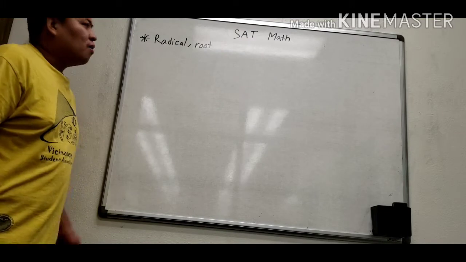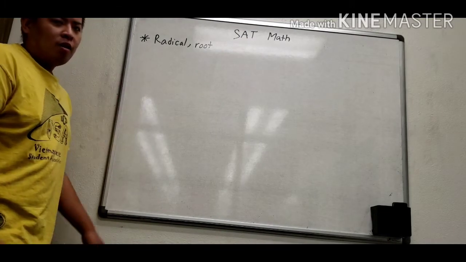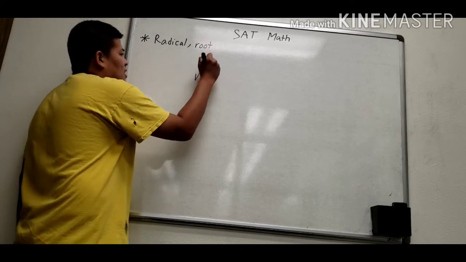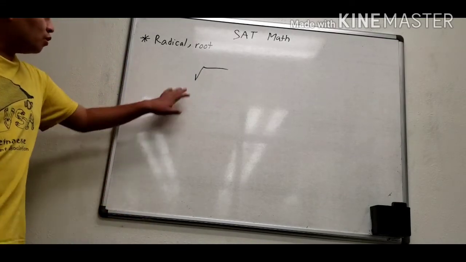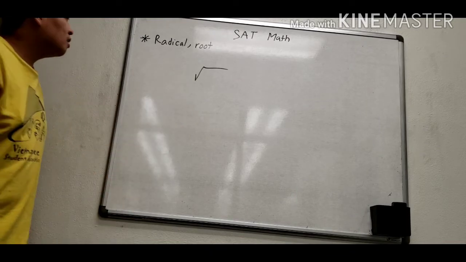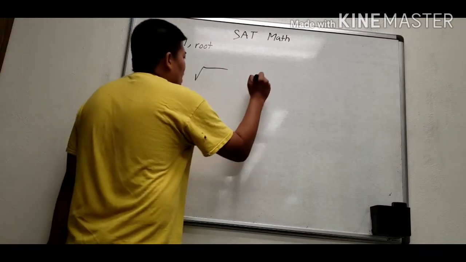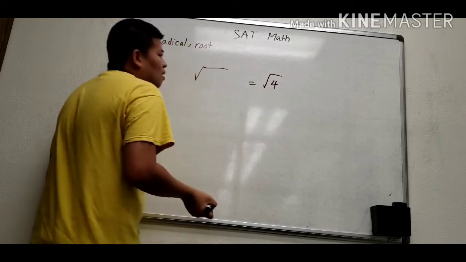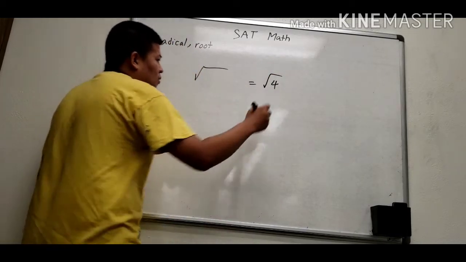I will talk about the radical or maybe the root. We know that this is the root of the number, and this is the sign for you. For example, we have the root of number 4. Root of number 4 is number 2.